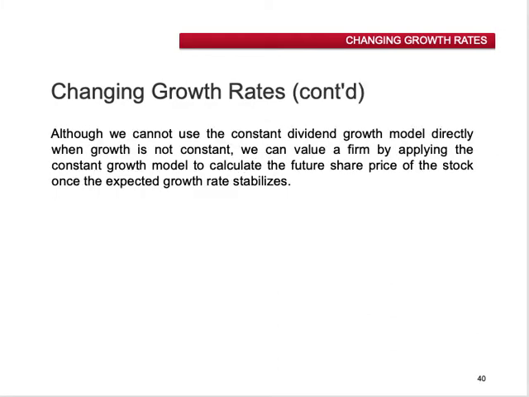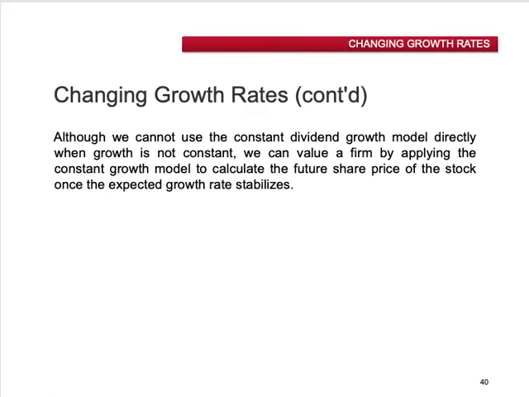Now we know that if a firm does not have a constant growth rate, and for example, the company does not pay any dividend at all, we cannot use the dividend discount model. However, when the growth rate at some point in time is stabilizing and the organization is paying dividends, then we can use the dividend discount model to calculate the price of the stock.